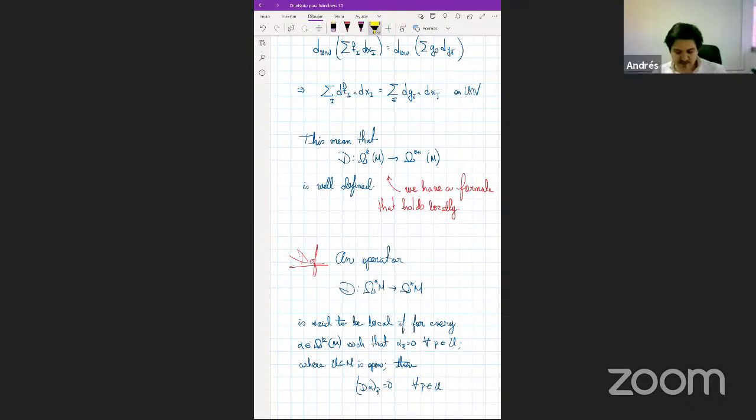So we say that this is local if for any differential form that vanishes on an open set, then D applied to alpha also vanishes on that open set. That's what it means for an operator to be local here.